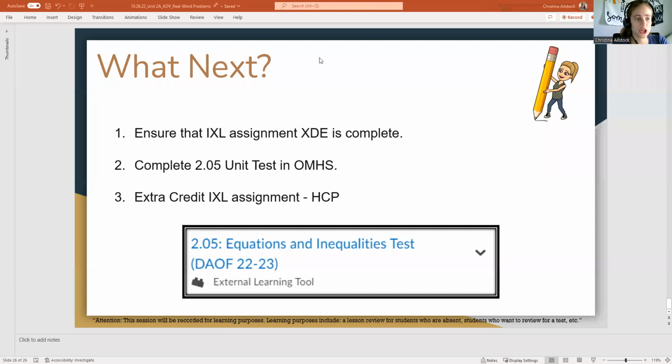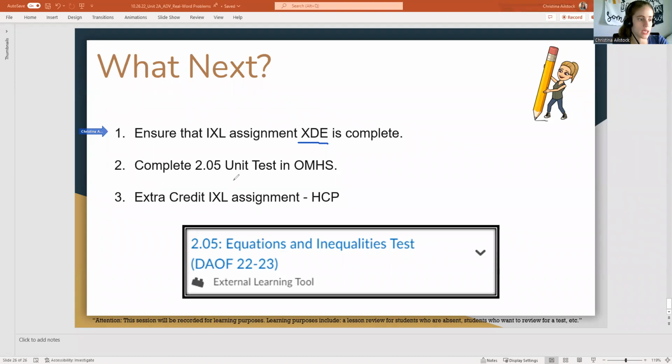All right, now it's your guys' turn to work on assignments. First off, make sure that your graded IXL this week, which is XDE, is done. That's what we had yesterday on Tuesday, the 25th, going over types of solutions, whether it had one, infinitely many, or no solutions. Now your unit test is open.